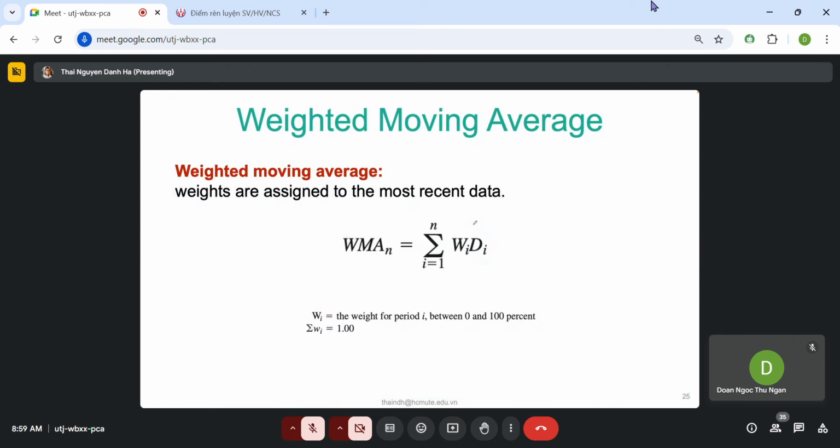Okay, this one is a better version of the MA, and we call that the weighted MA or WMA, weighted moving average. In this type of method, we have MA with weights.